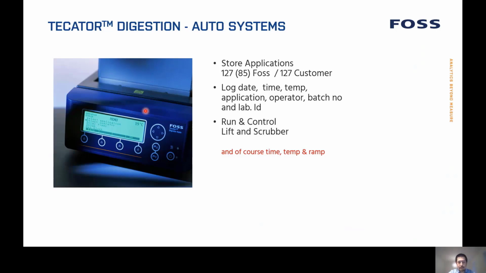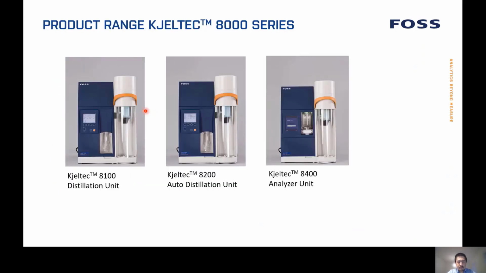The software is also very good for traceability, and we have all the log data: the time, temperature, application, operator, batch information. You can use the PC software, which can be connected with the digester, to read the log files and keep them for traceability.